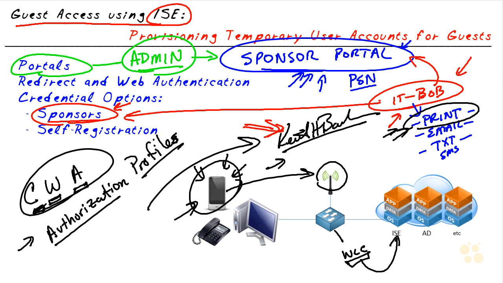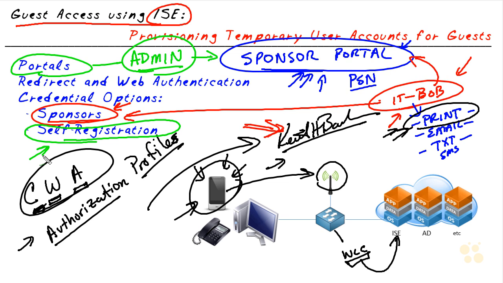Now, in the event that we don't have an individual who can act as the lobby ambassador, we could also go ahead and do self-registration, or allow the user to do self-registration. So they would connect to our network. The guest would be prompted to enter their email address and possibly additional details about that person.